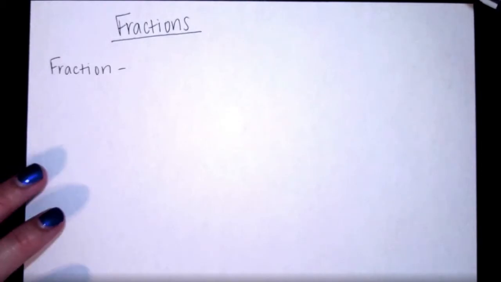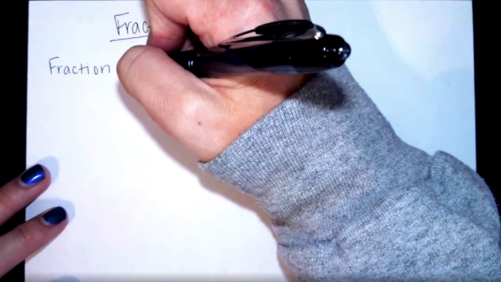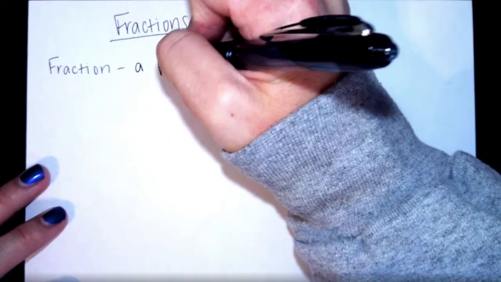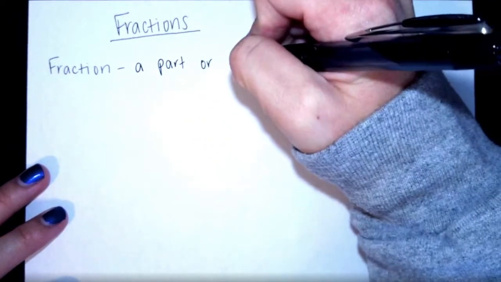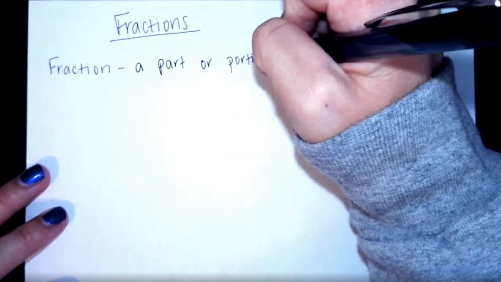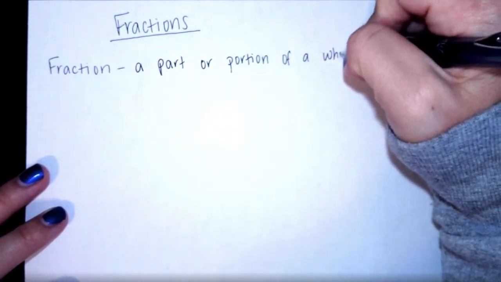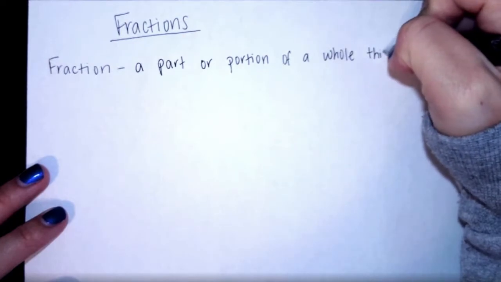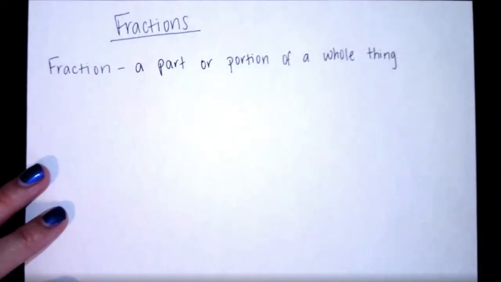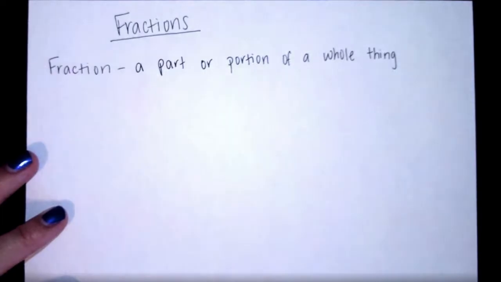So we're going to write the definition for a fraction, and a fraction is a part or portion of a whole thing. In our book, our whole was our Hershey's chocolate bar, right? And then they used the smaller pieces once they broke it apart to make different fractions.